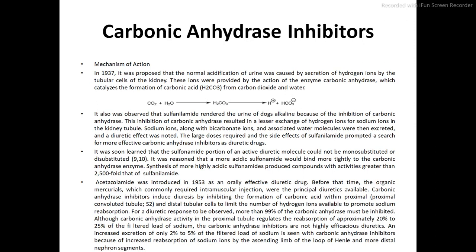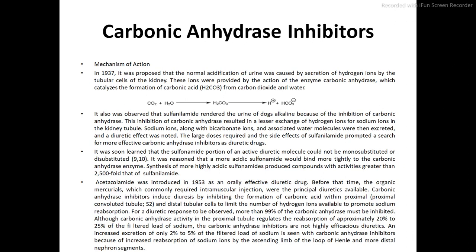An increased excretion of only 2% to 5% of the filtered load of sodium is seen with the carbonic anhydrase inhibitors because of the increased reabsorption of sodium ion by the ascending limb of the loop of Henle and the more distal nephron segments. So only 2 to 5% of the sodium gets excreted with the use of carbonic anhydrase inhibitors.